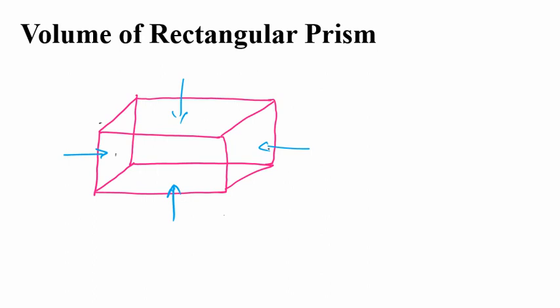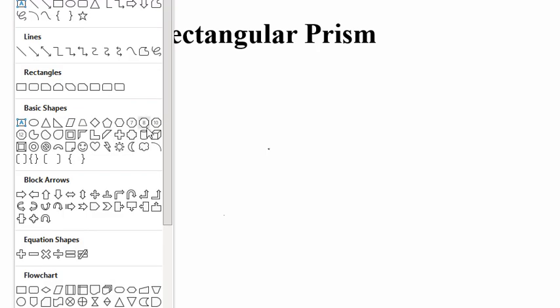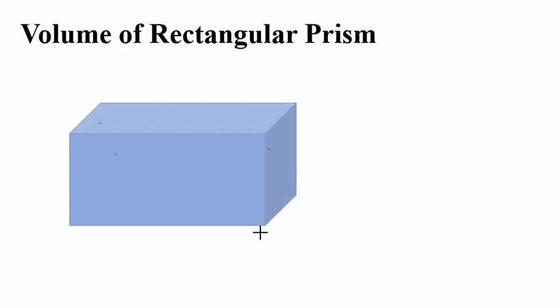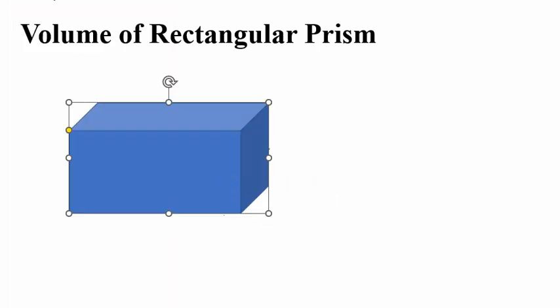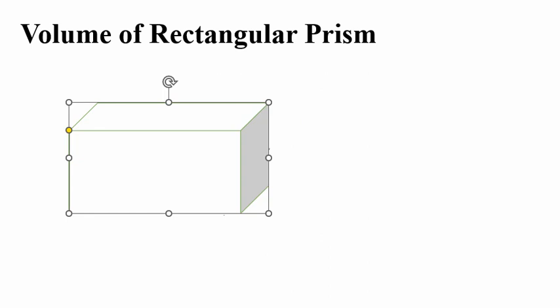Okay, so now let's try to find the volume of a rectangular prism. I hope you understood the basics now. So let me take a proper shape now. Just give me a second. Okay, now this is your rectangular prism. Good.